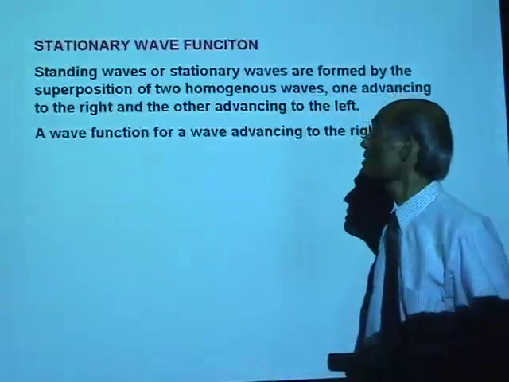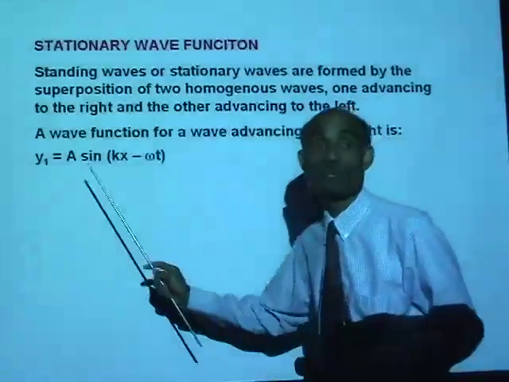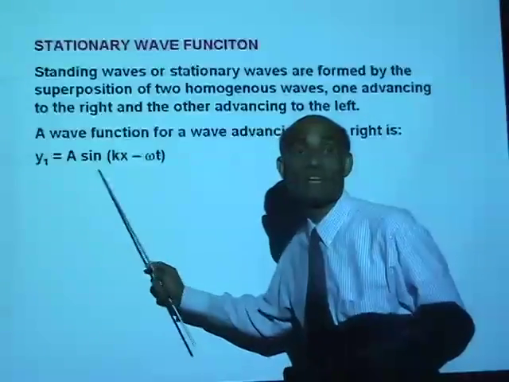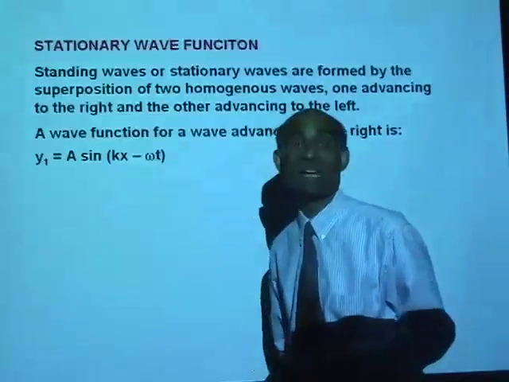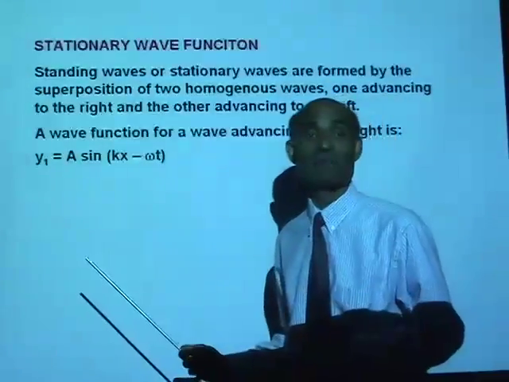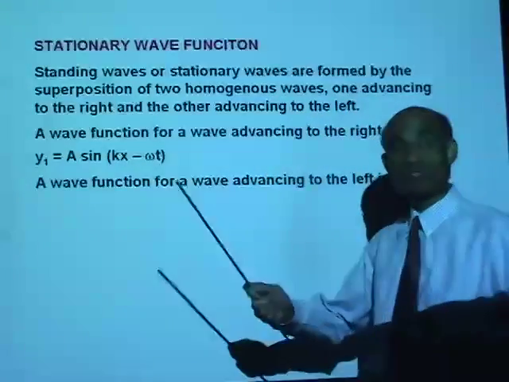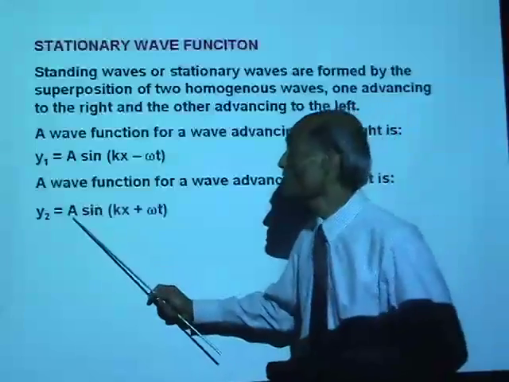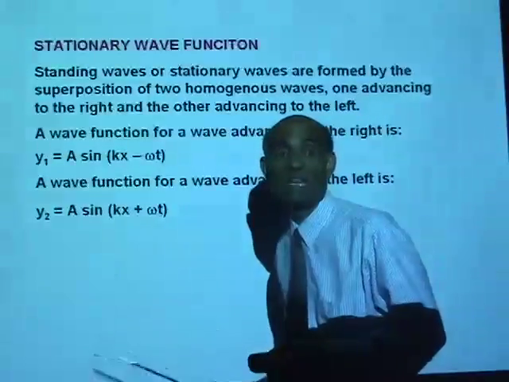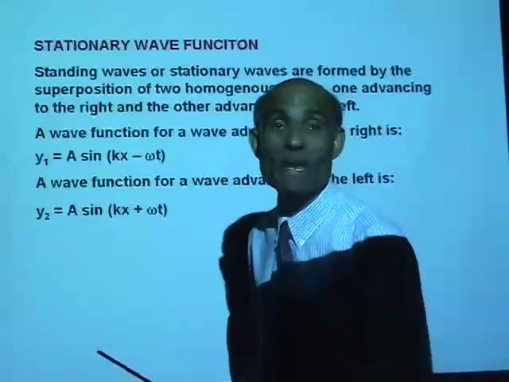So a wave function for a wave advancing to the right is y1 equal to A sine(kx minus omega t), and a wave function for a wave that advances to the left will be y2 equal to A sine(kx plus omega t).